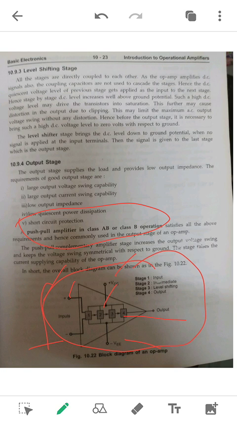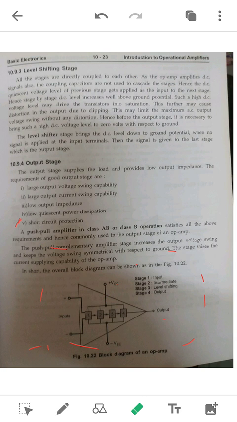The third stage is the level shifting, which provides amplification and avoids clipping and distortion at the output. So figure 10.22 shows the four stages we have discussed.